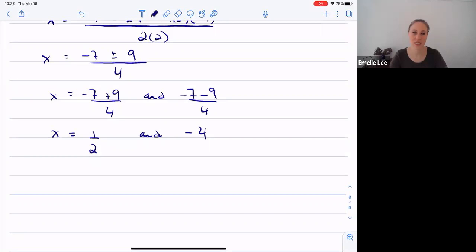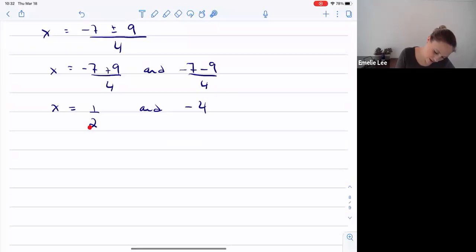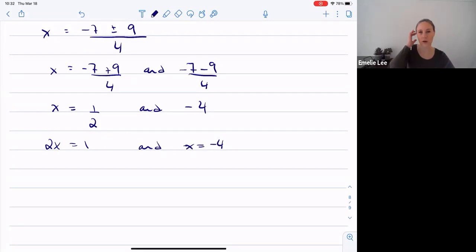Remember what we did when we wrote out the factors. So x equals 1/2 is the root, and so later on, we know that these are our x-intercepts, 1/2 and negative 4. But when we're trying to factor, we know we have to bring this 2 over to write 2x equals 1 and x equals negative 4.